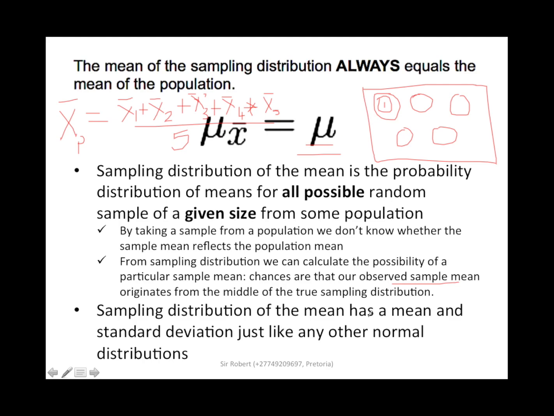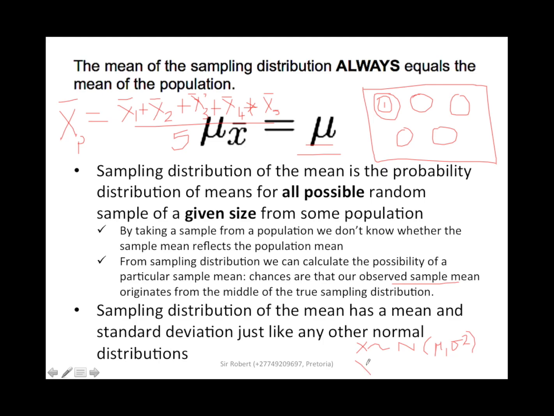The sampling distribution of the mean has a mean and a standard deviation, just like any other normal distribution. Remember, for the normal, we said x follows a normal distribution with mean mu and variance sigma squared.